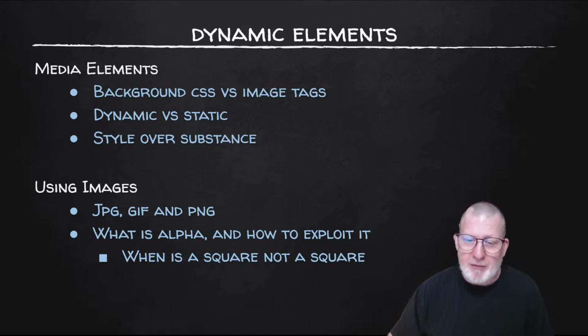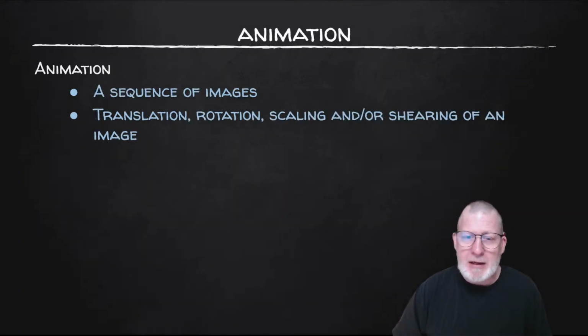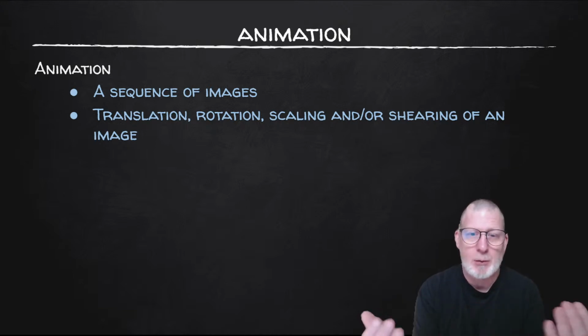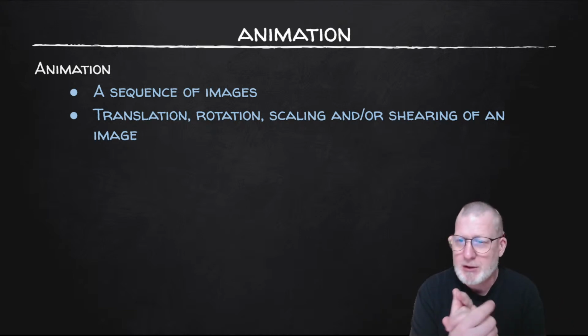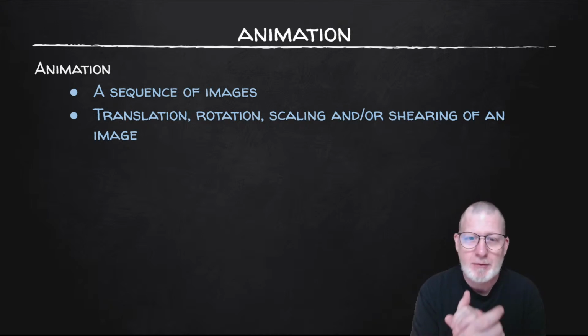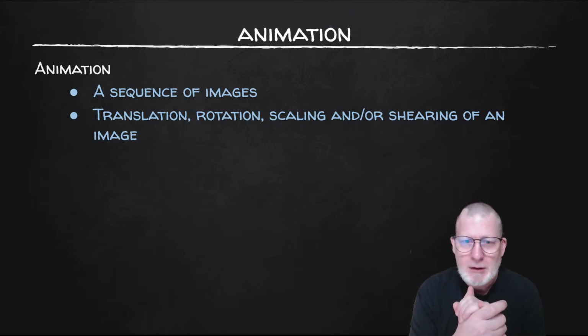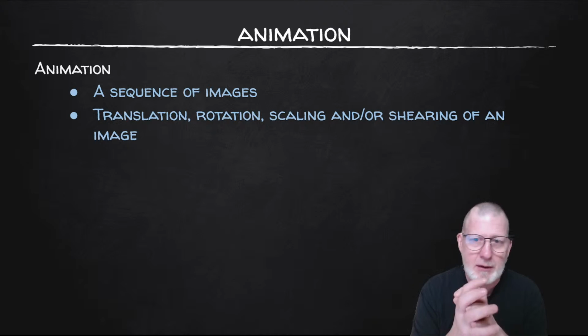Now, before we get there, we're going to need to look at how do we actually put an animation together. When we're doing a traditional animation, you can think about a typical flipboard type animation, or you take a stack of post-it notes. You draw an image on each post-it note and you flip through them quickly, and the changes in the image will appear as if the image is animated. When we animate something on the web, we do the same thing.